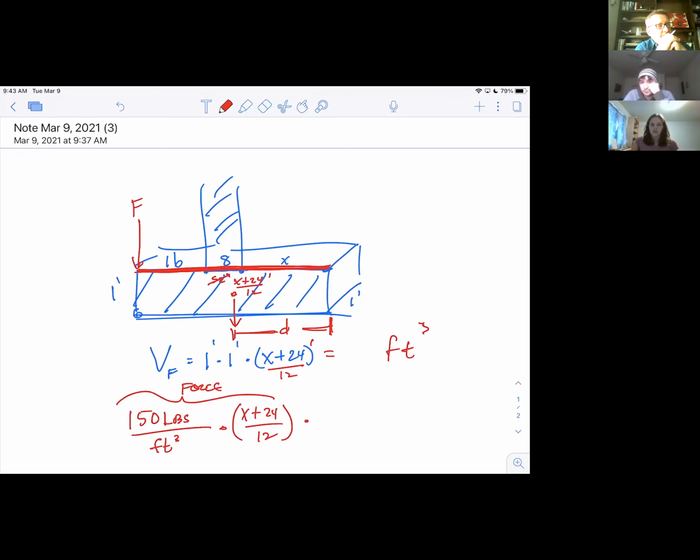So what I want it to be x plus 4? Plus 4. Why 4? Because that's in the middle of the beam. Well, remember, this distance here is not 16. In other words, the 8 is not in the middle of this.